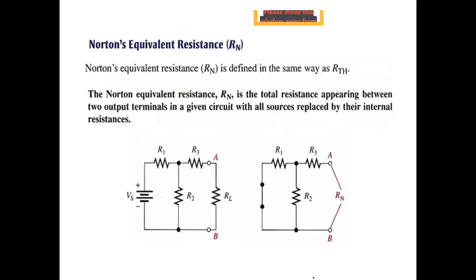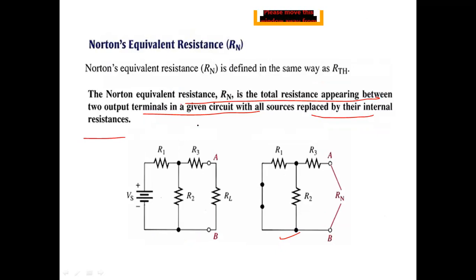Similarly, Norton equivalent resistance is defined in the same way as Thevenin. So Norton's equivalent resistance RN is the total resistance appearing between two output terminals in a given circuit with all sources replaced by their internal resistance.